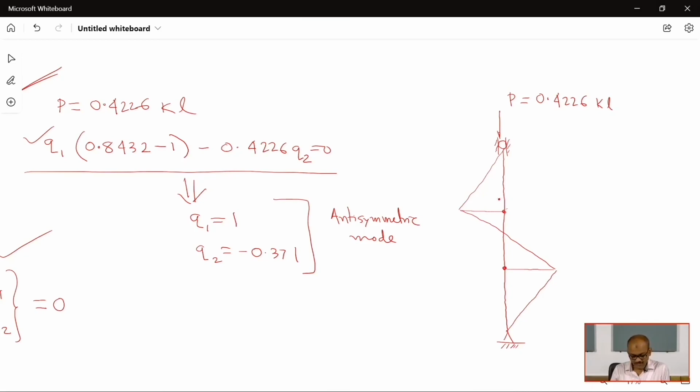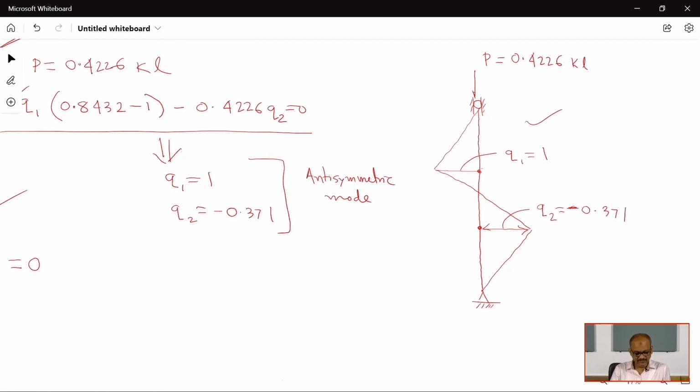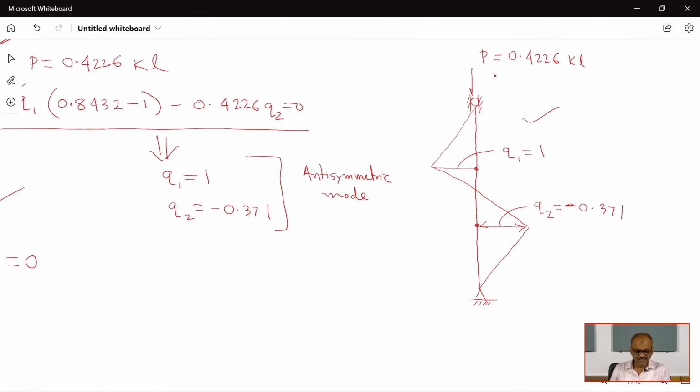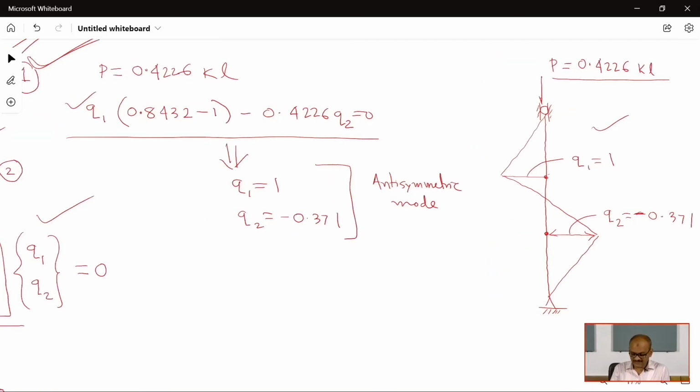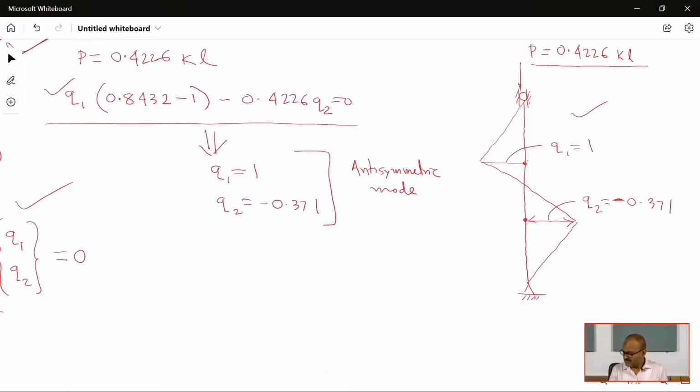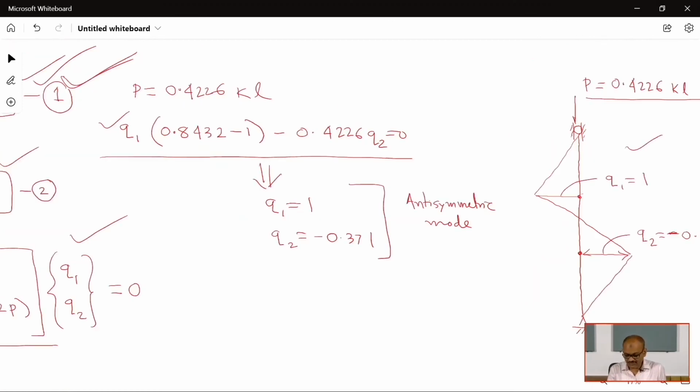Q1 will be 1, and Q2 will be minus 0.371, on the other side. This is not drawn to scale, but this is the mode shape corresponding to load P equal to 0.4226 KL.